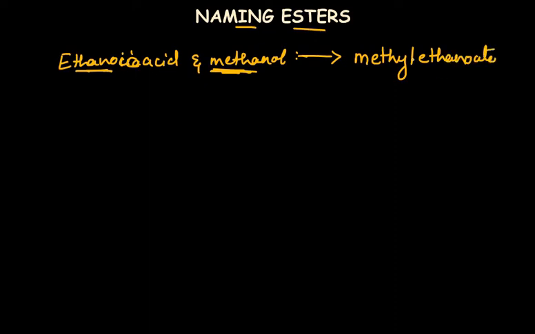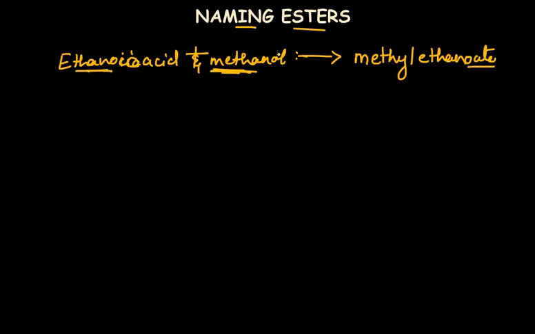Any salt or compound made from an acid has a naming of ate. So here, if ethanoic acid is making a compound, we name it ethanoate. So methyl ethanoate is the ester made from ethanoic acid and methanol in the presence of the acid catalyst.